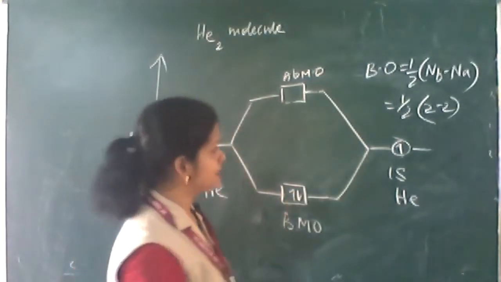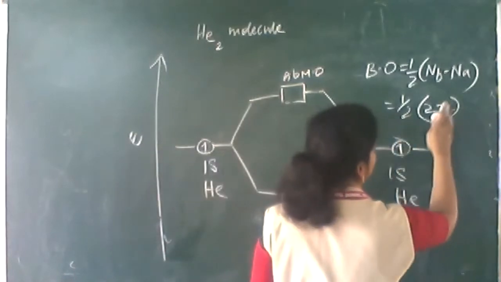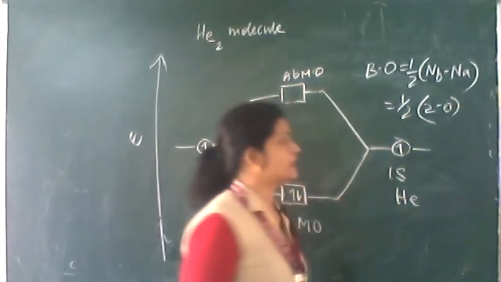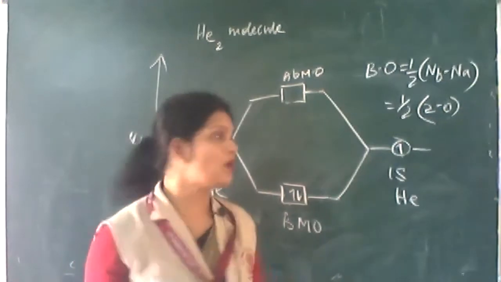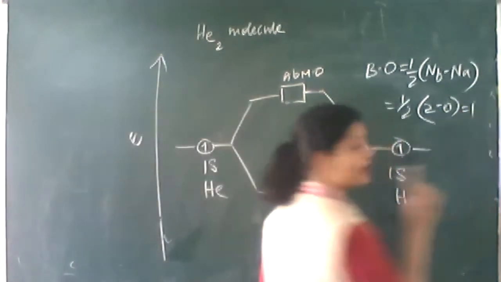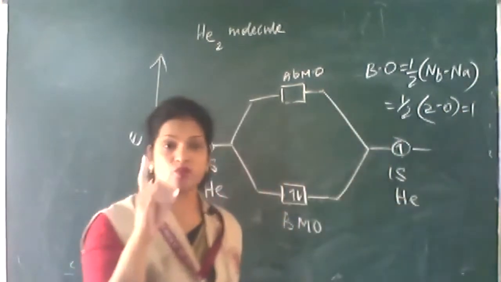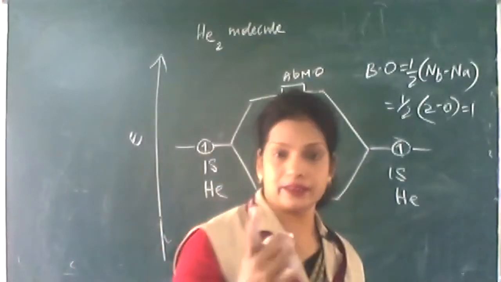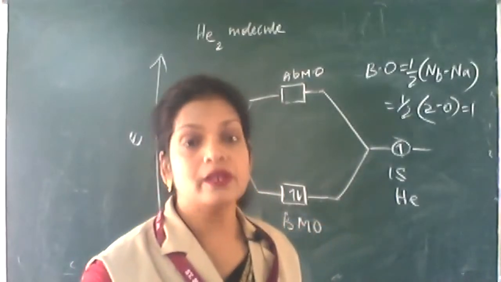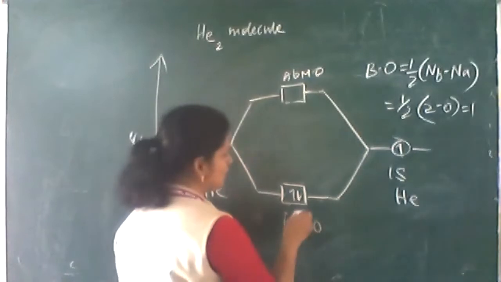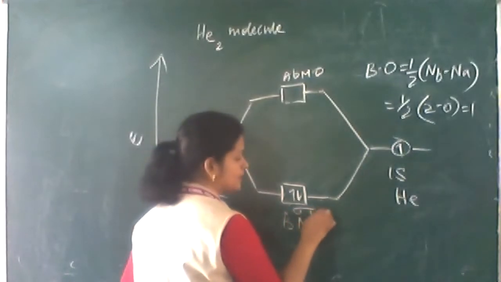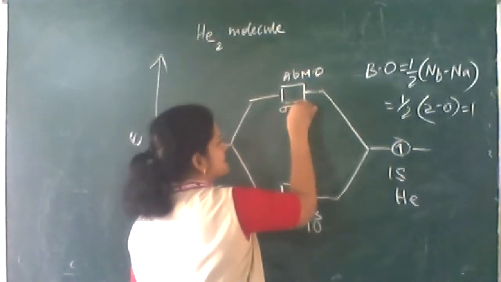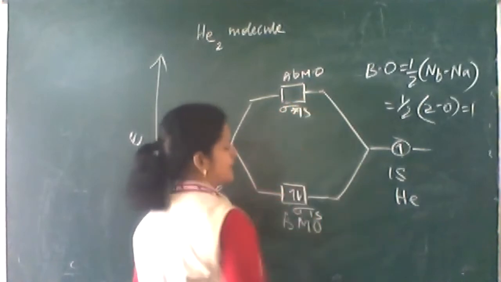What is Nb minus Na? That is 2 minus 0. That is half into 2. That is 1. There is one bond between H and H, and it is a stable molecule. It is formed. This bonding molecular orbital is called sigma 1s, and this is called sigma star 1s.